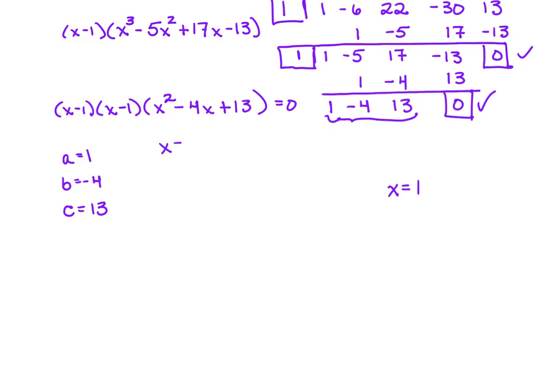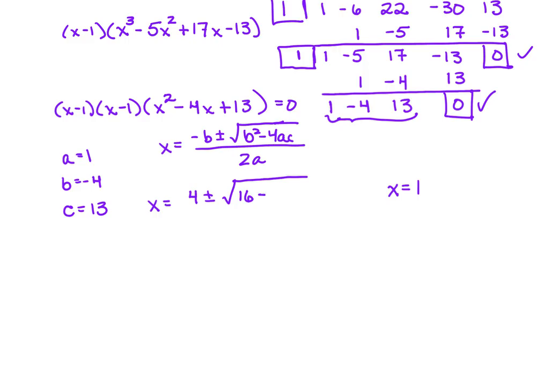When we plug into our quadratic formula, we get negative b plus or minus the square root of b squared minus 4ac, all over 2a. And so we are going to get minus negative 4 becomes positive 4, plus or minus the square root. When we square negative 4, that becomes a positive 16, and then we want minus 4 times 1 times 13, and I think we get 52.